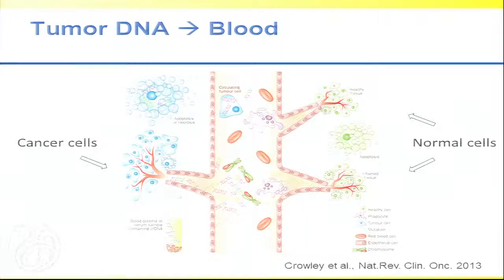On the right side, you also see in green normal cells that can also die, that can also shed DNA into the bloodstream. If you just took a blood sample, you can certainly find mutated tumor DNA, you can find normal DNA, you can find whole cells, you can find rearrangements, all kinds of things.